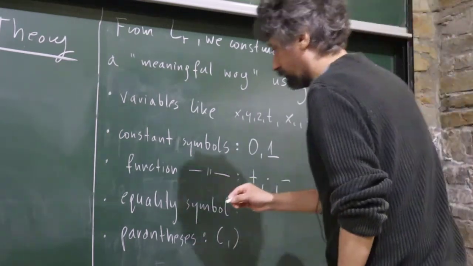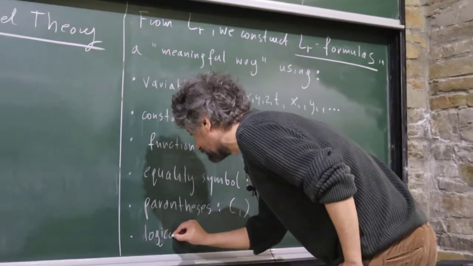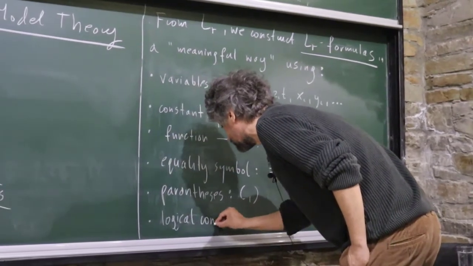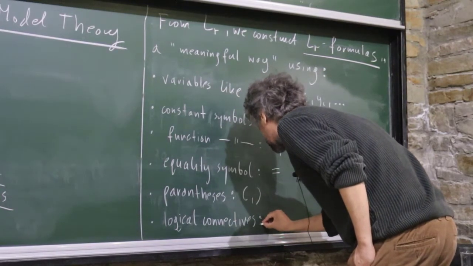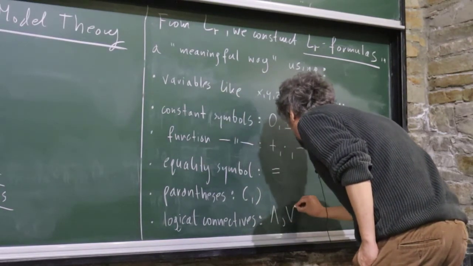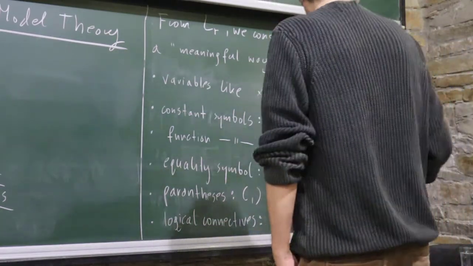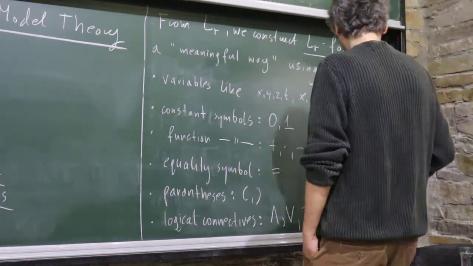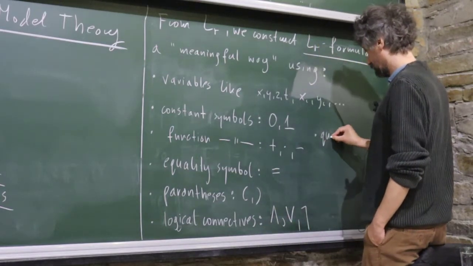Okay, things called logical connectives, like or, and, which again we understand just as formal symbols, and finally quantifiers.